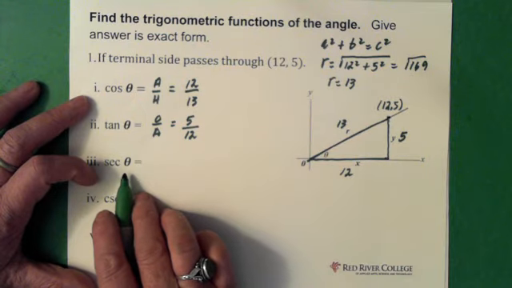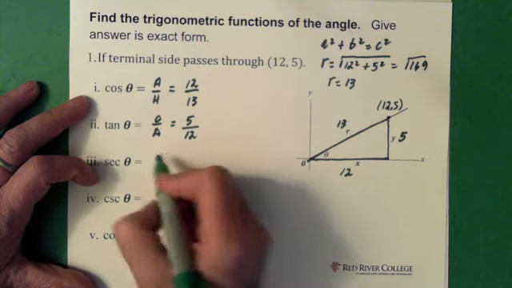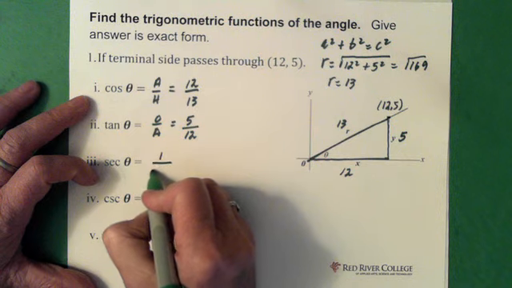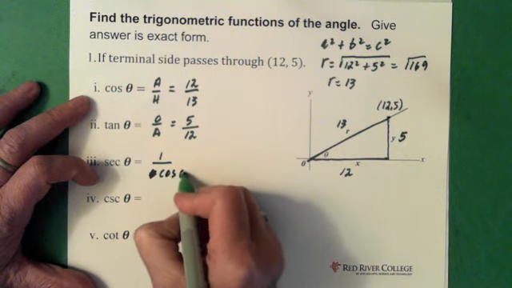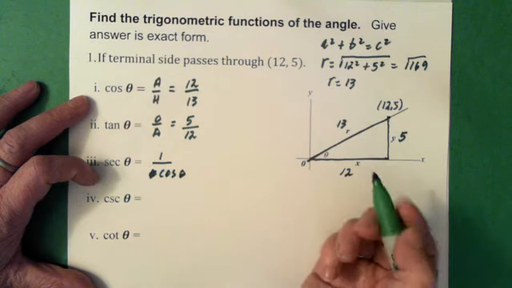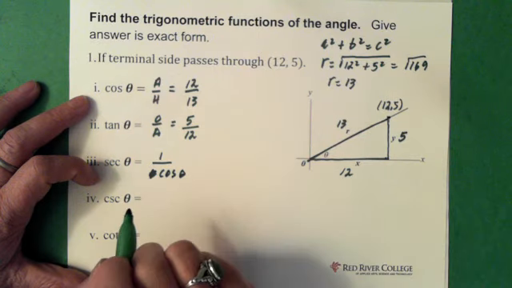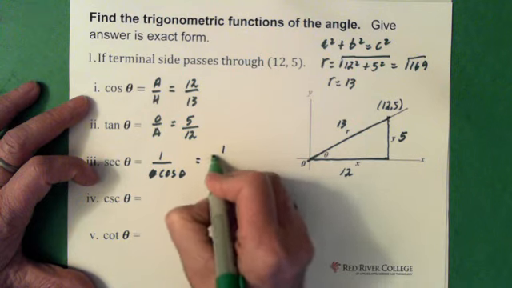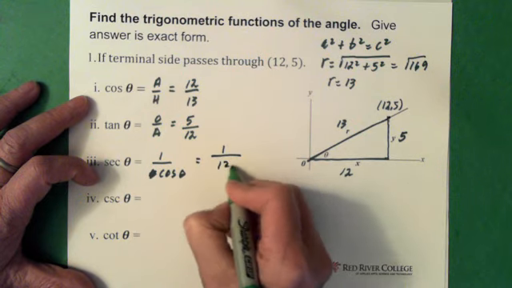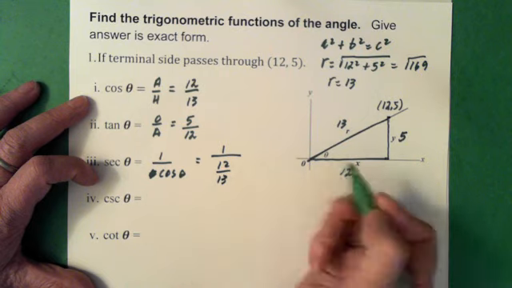Now the secant of the angle is 1 over the cos of the angle. We know the cos of the angle is 12 over 13, so this is 1 over 12 over 13.